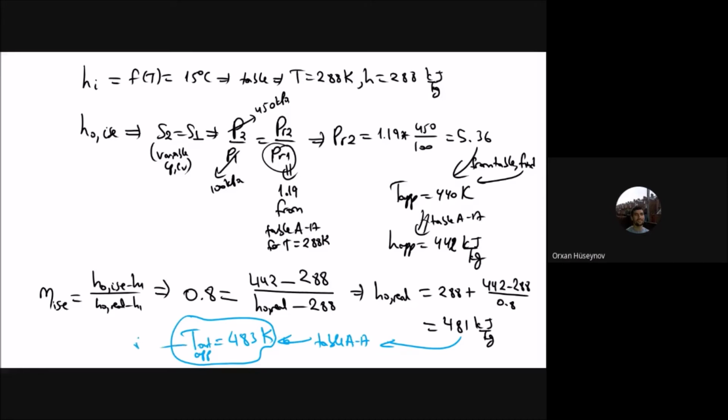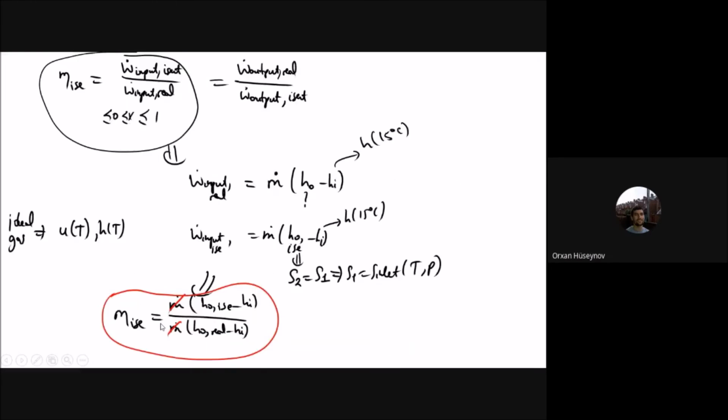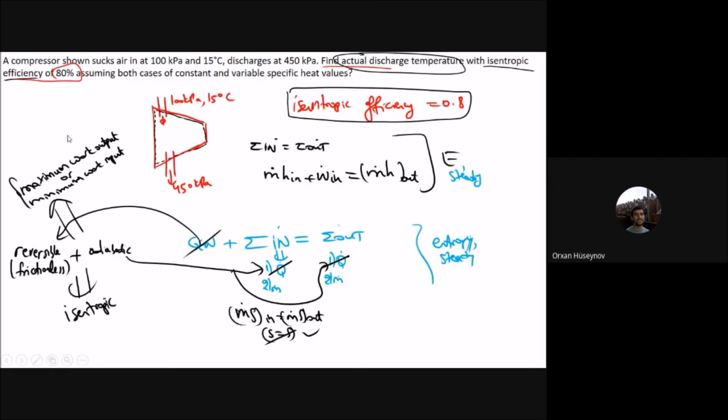This one is the real. You can see in the real one, temperature at the outlet of the compressor is more than the temperature at outlet for the isentropic one. Let me write it here: temperature at outlet for the real one is 483 Kelvin, okay, 210 degrees Celsius.